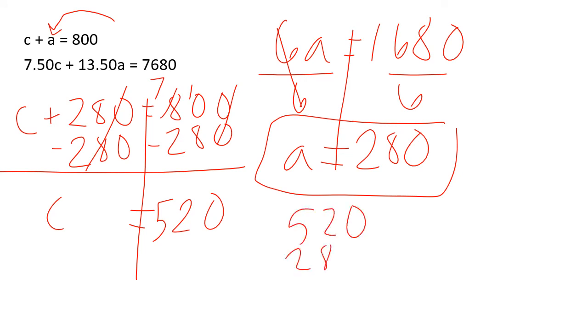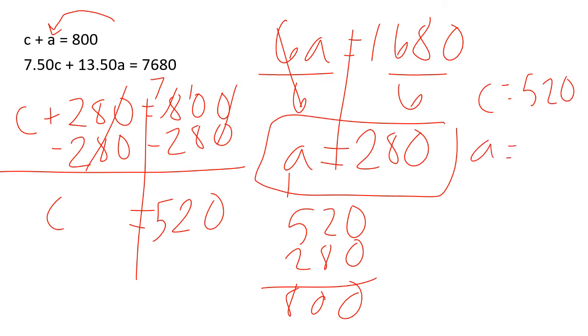Does that add up to 800 tickets? It does. So we know that the child amount of tickets was 520, and we know that the adult tickets was 280. So our answer here is going to be child 520, adult 280, and that is our answer for this problem.